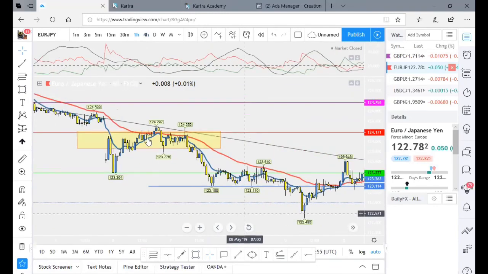So boom, this was a bearish variation right here. Engulfing right here with the bearish variation at the high point, like I said, at their resistance level.